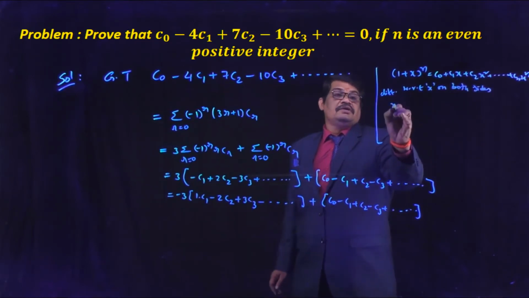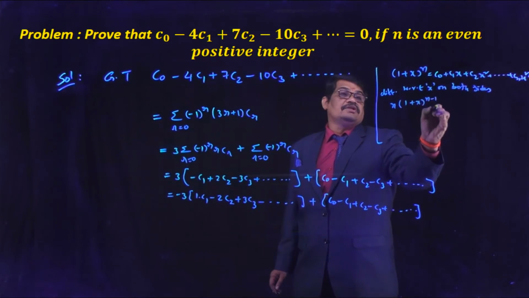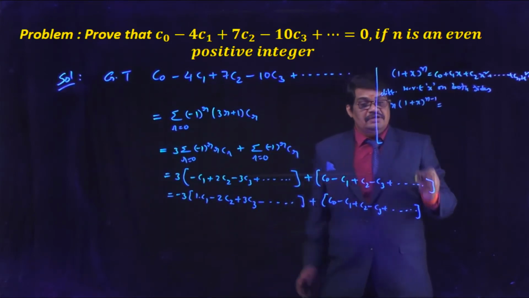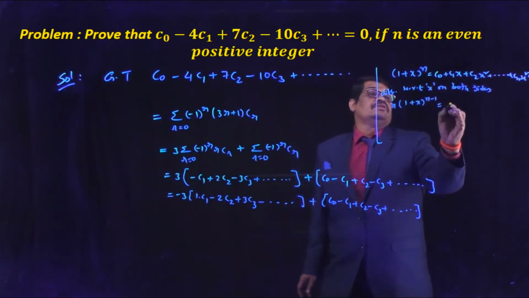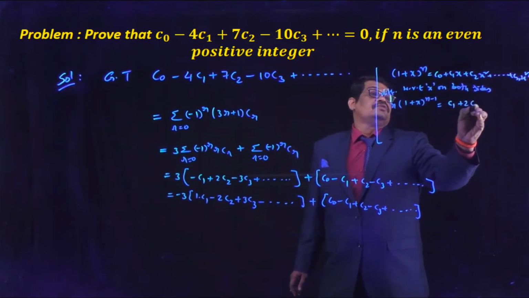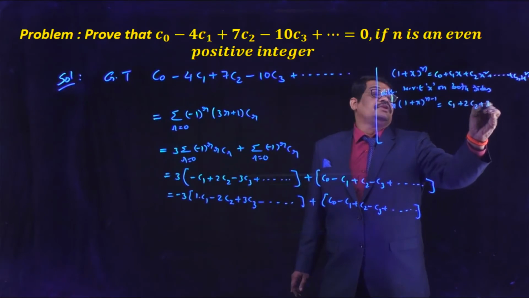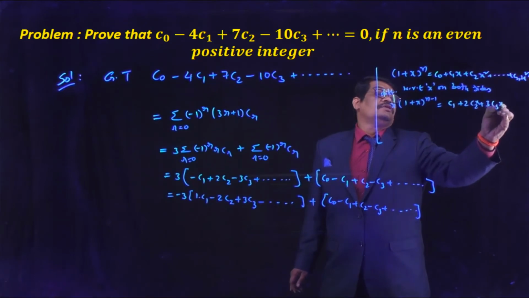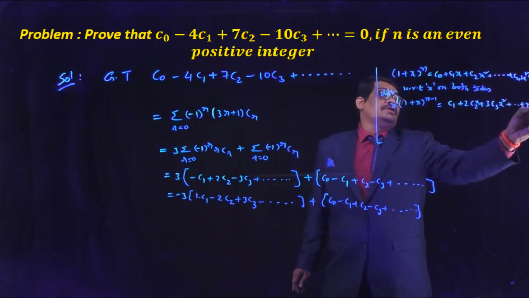We get n into 1 plus x whole power n minus 1. On the right, C0 is a constant, so its derivative is 0. Then C1 x has derivative C1, plus 2C2 x, plus 3C3 x squared and so on, up to n Cn x to the power of n minus 1.